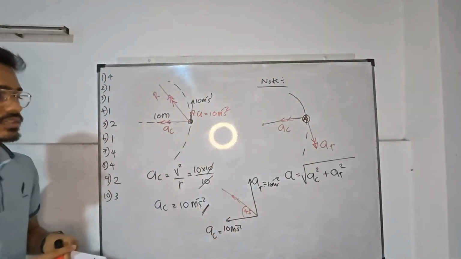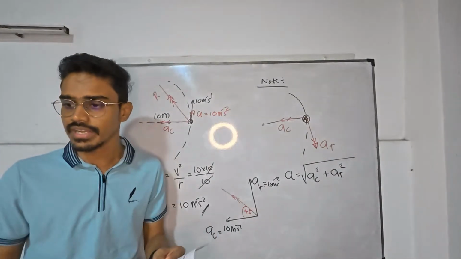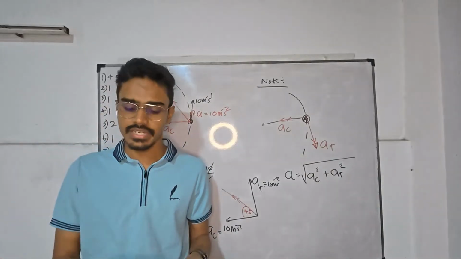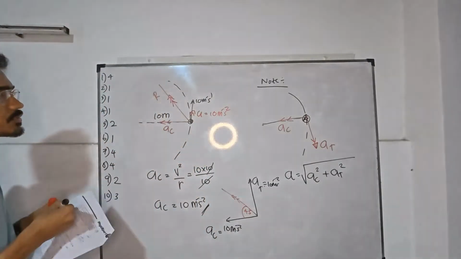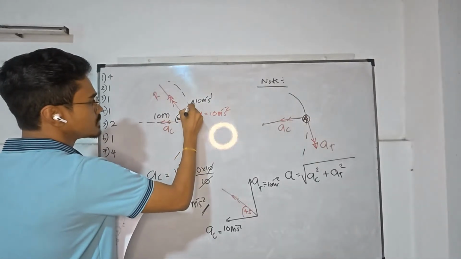If you really need to determine this angle, we can write tan theta and determine it. But no need, because if the magnitudes are the same, the resultant is exactly in between. So this is 45, and this is also 45.